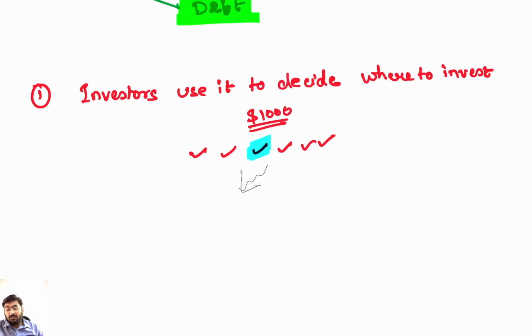Clear? I will need to analyze which company is making profit, whose sales are growing, which company is carrying too much debt, which company is debt free, which company is cash rich. Clear? This is exactly what investors do. They use financial statement analysis to pick the right company in which they can invest.